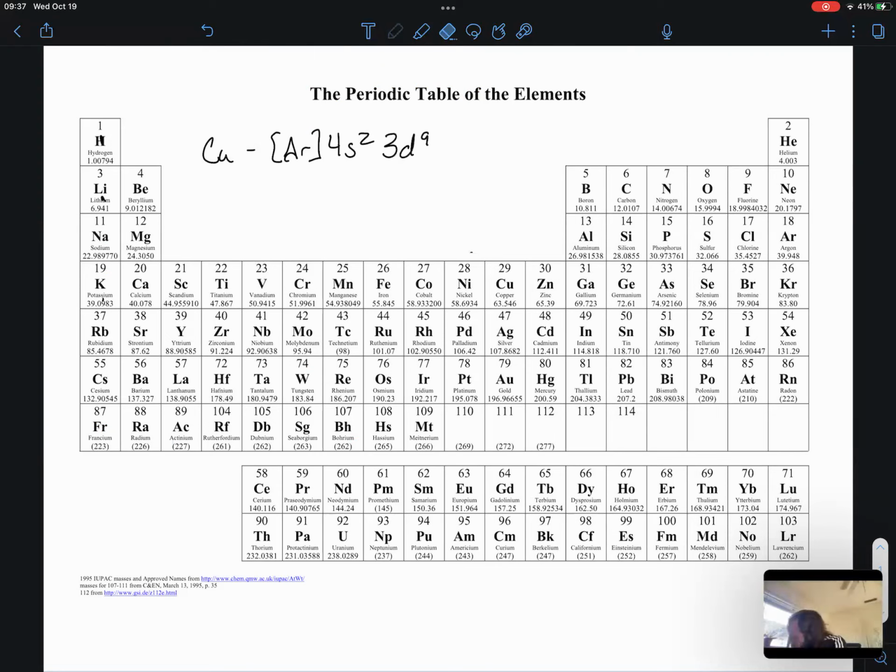So then if I have the copper 3 ion, I'm going to lose both of these 4s electrons as well as one from the 3d, giving me argon 3d8.